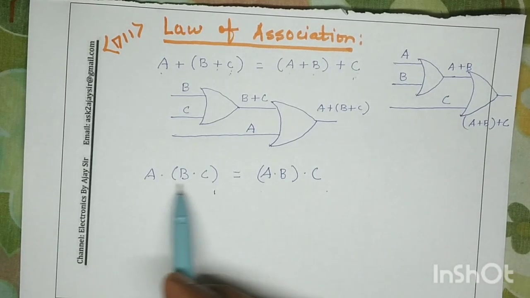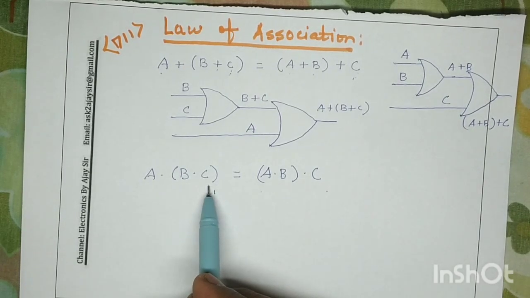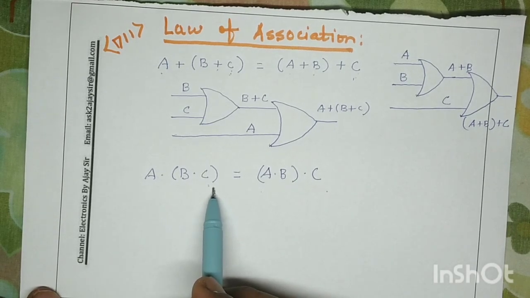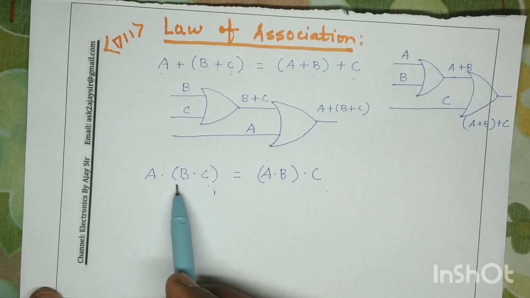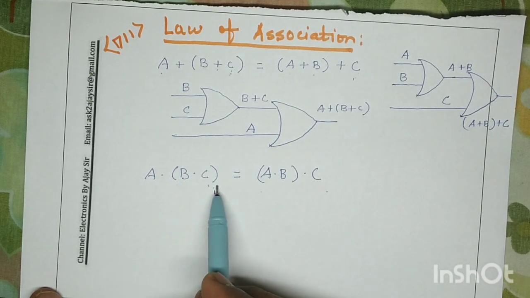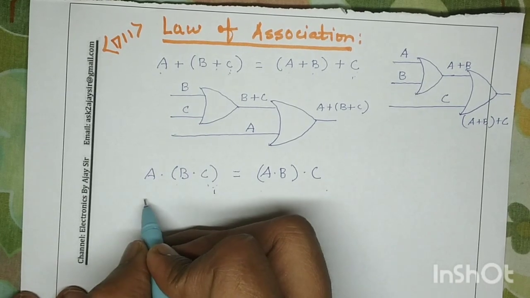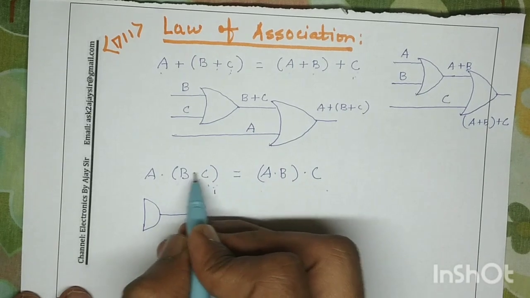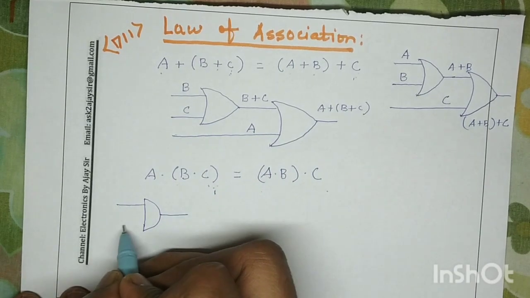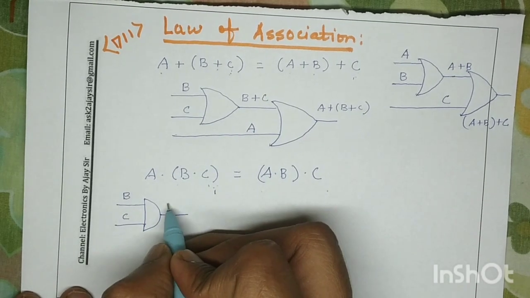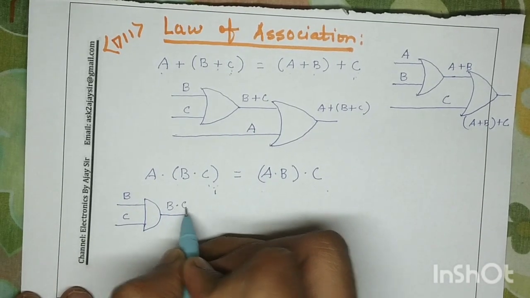Next we will try the circuit level implementation of the left side, which is a dot (b dot c). First we will implement b dot c written inside the bracket. For this dot I need an AND gate. There are two inputs, b and c, and it gives you the output b dot c.